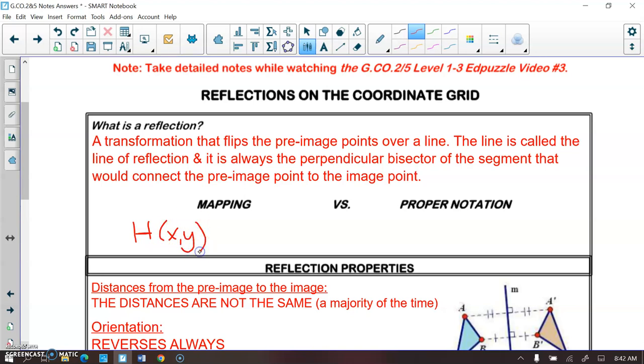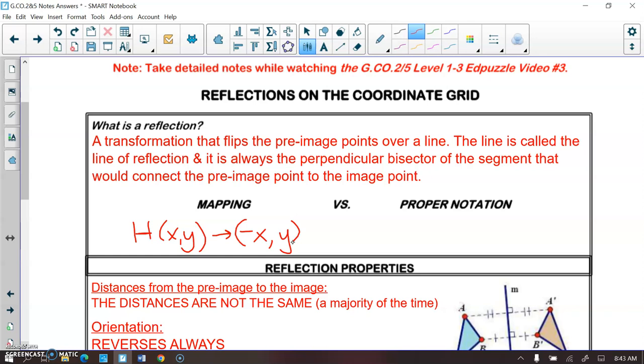It doesn't mean much of anything. So that's transformation H. We're going to take all points (x, y), make the x values negative, and leave y alone. We're going to learn what type of reflection this is in a little bit, but that would be an example of mapping notation for a reflection.